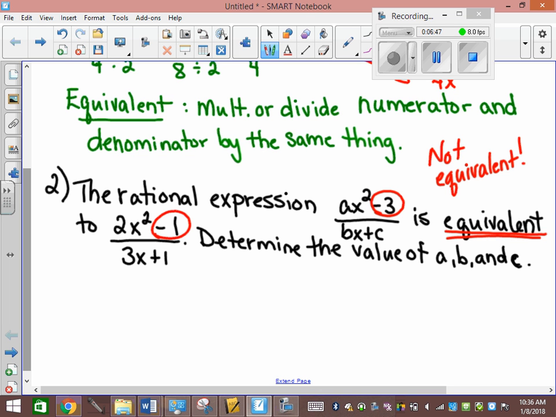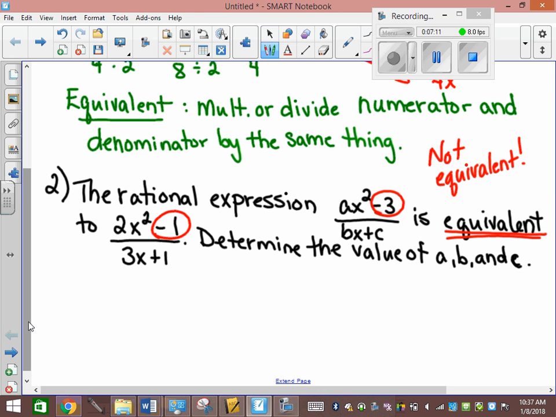So I'm going to say, what did I do to the second one to get the first one? You multiplied by 3, which is true. Why did we not multiply by -3? Right, and it stayed negative.